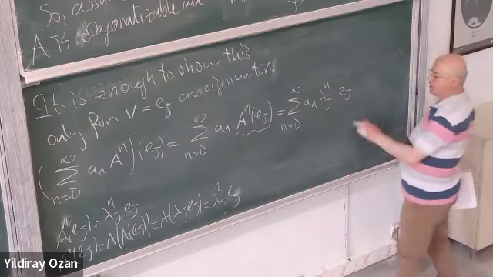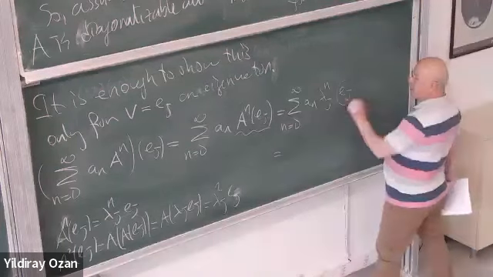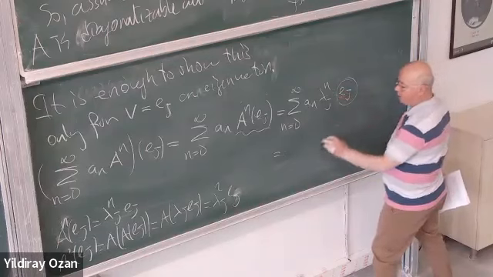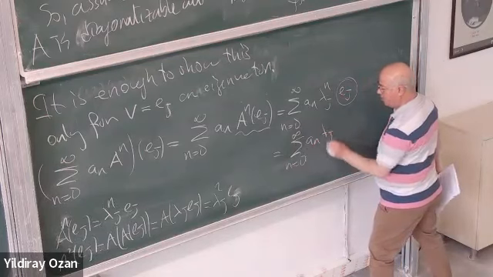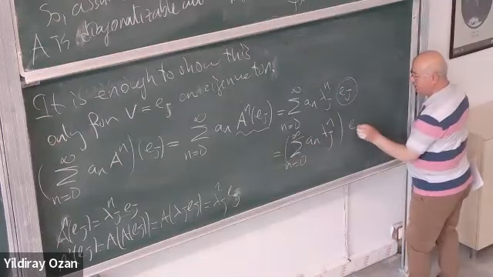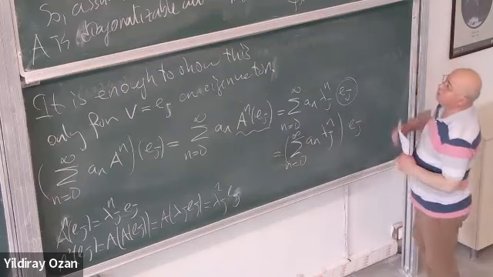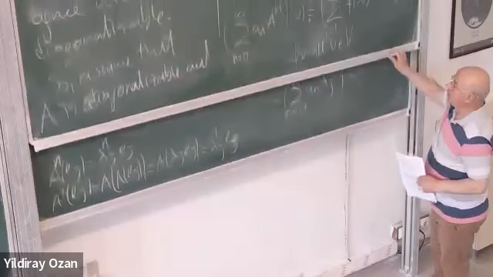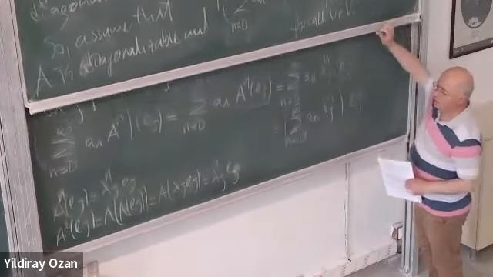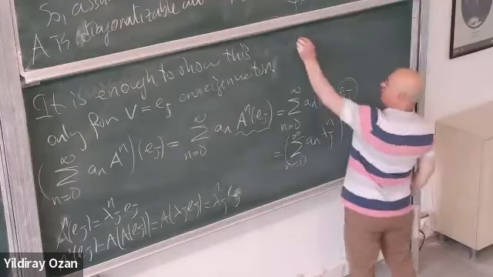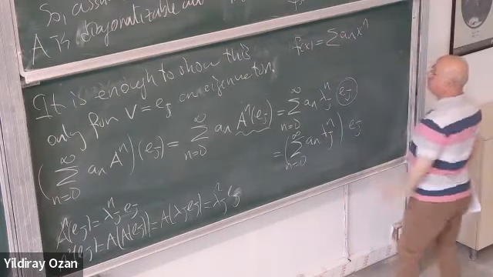Well, you see, this vector is independent of n, therefore I can just write it this way: this number times the vector e_j. But what is this number? This number is just f of lambda_j. f of x is this analytic function, sum of a_n times x to the power n.